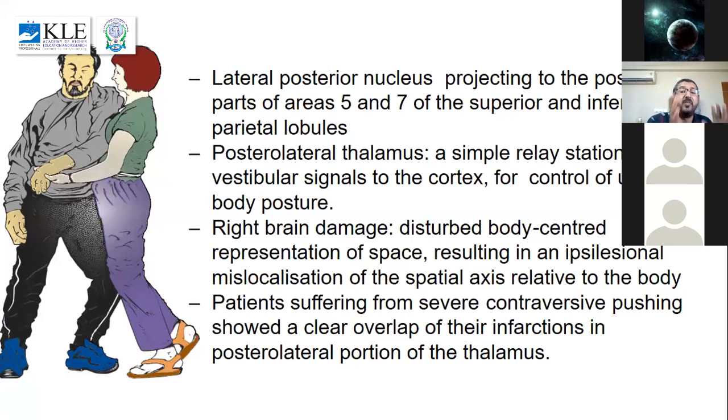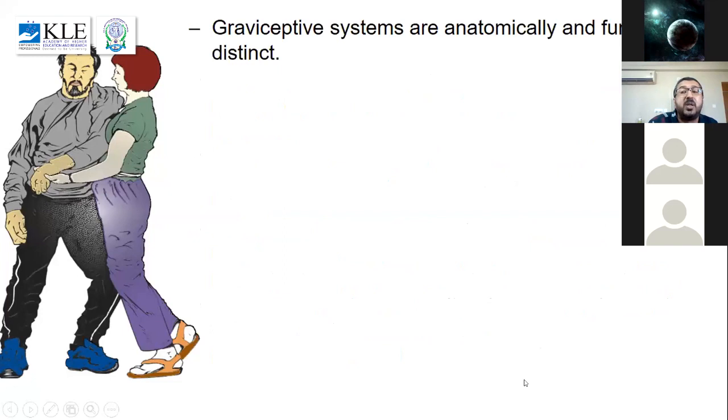And that is why invariably the plane, or in other words, the axis moves to the affected side, or they tend to fall towards the affected side. So there is a misorientation there, a misrepresentation there, and as a result, that creates a conflict. What the patient does is he will be compelled, forcing himself to correct that particular issue, and as a result, they will be leaning or listing towards the other side.